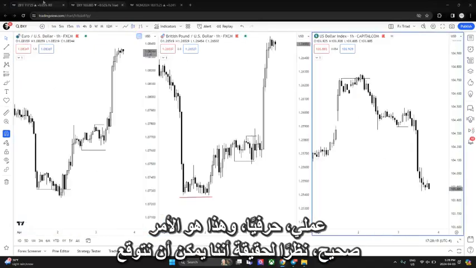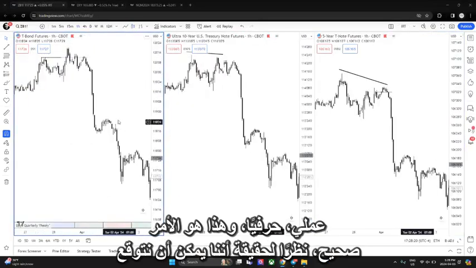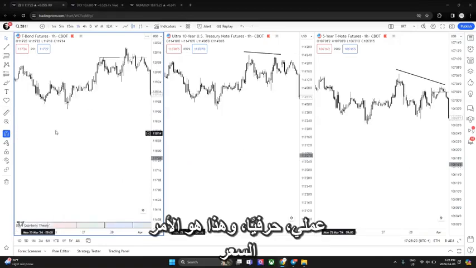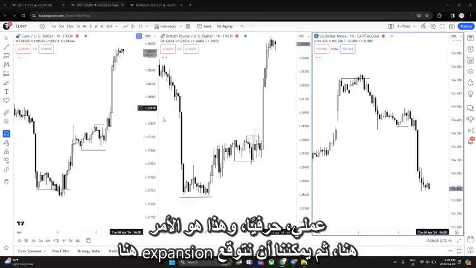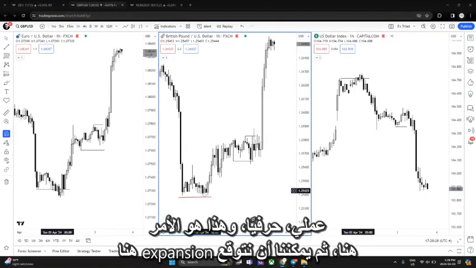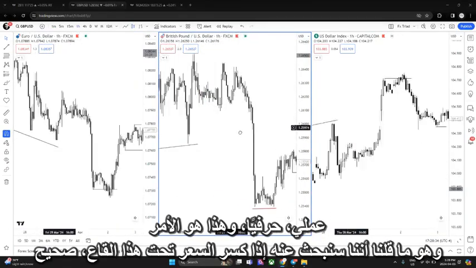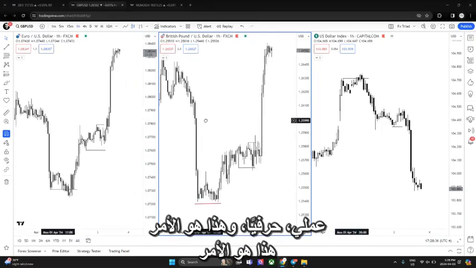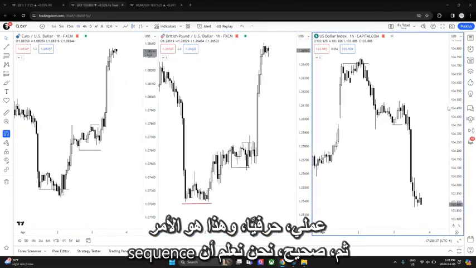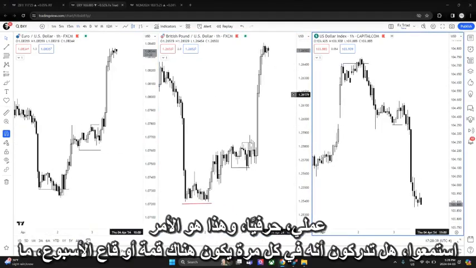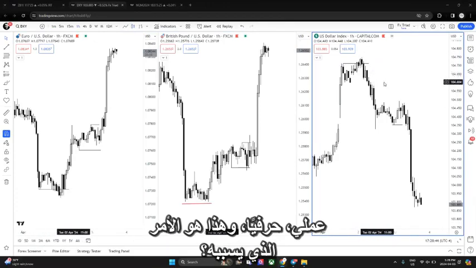Due to the fact that we could foresee price here, then we could foresee an expansion here, which is what we said we would look for if price broke below this low. And then we know that sequential, listen, do you realize that every time there's the higher or the lower of the week, what causes it?